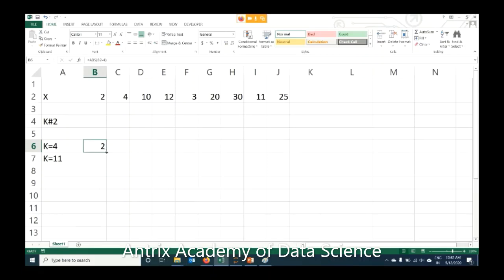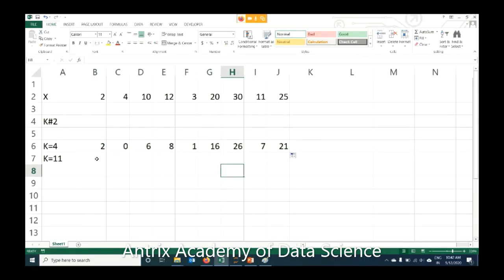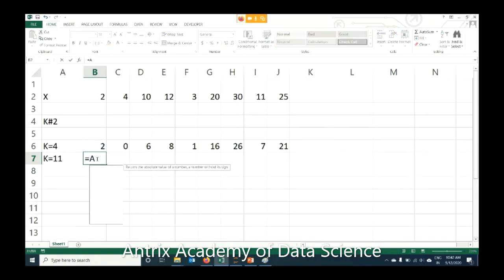Let me drag it down. Similarly, I do it for my 11 with ABS. The distance of this value is 11.